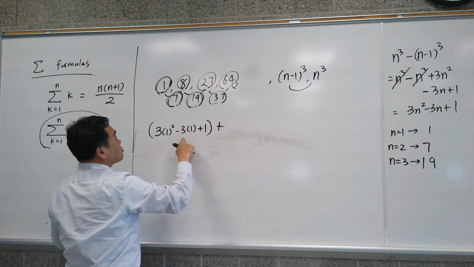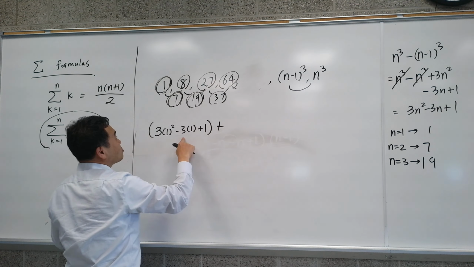And then 3 times 2 squared minus 3 times 2 plus 1 is another complicated way of writing down 7. Okay, let's do just one more. 3 times 3 squared minus 3 times 3 plus 1 is a complicated way of writing down what number? 19, right? And then plus and so on.